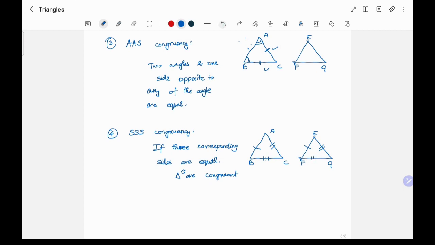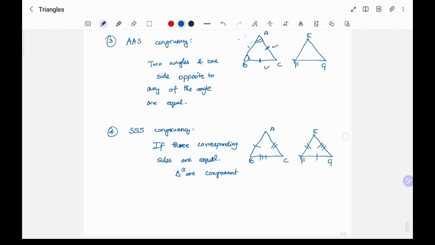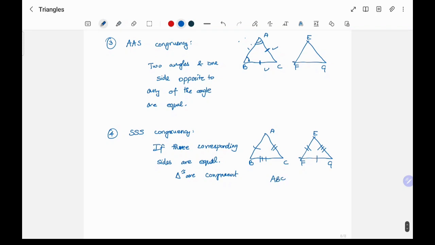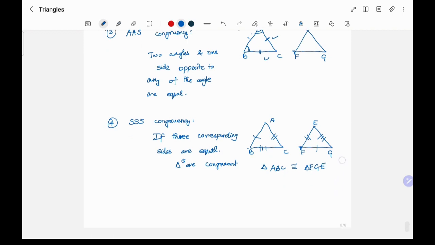In some cases they needn't be direct. If this side is equal to this side, and this side is equal to this side, and this side is equal to this side, still they are congruent. But triangle ABC is congruent to, so A is the same as F, and B is the same as G, so triangle ABC is congruent to triangle FGE.